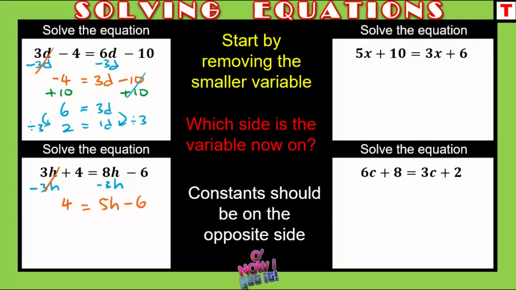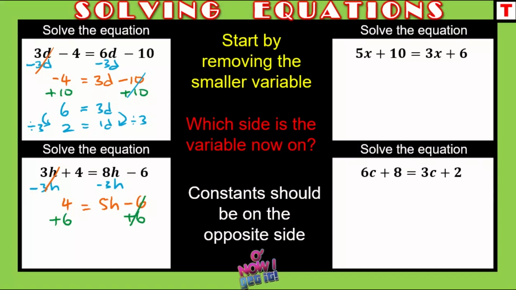And then we are asking ourselves, which side is the variable on? The variable is now on the right hand side, so the number must go to the left hand side. So we are going to be doing the opposite of taking away 6, which is to add 6. And again, opposites will cancel.